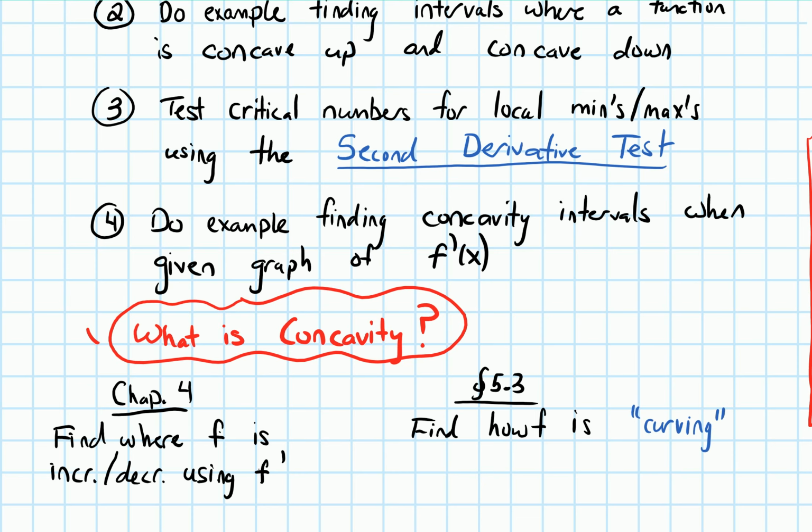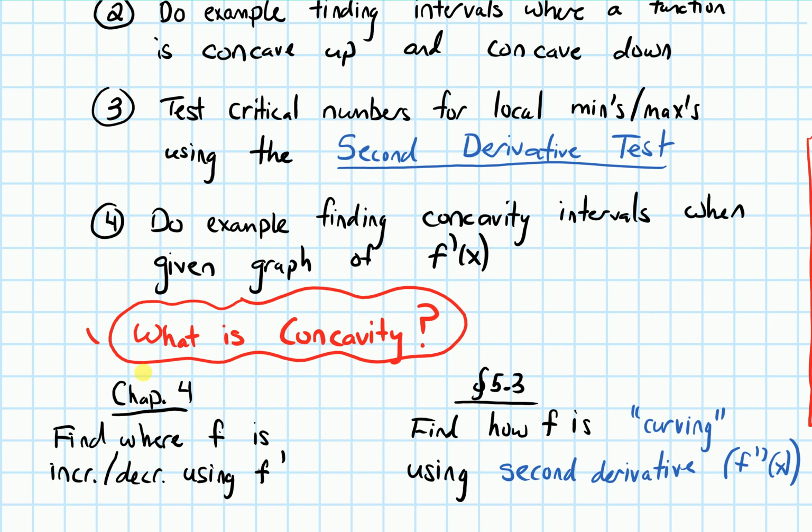So not just whether it's going up or down, but how the graph is curving using the second derivative. And we'll talk about what the second derivative is later in this video. So the notation for the second derivative is f with 2 primes, that indicates the second derivative, and then x.